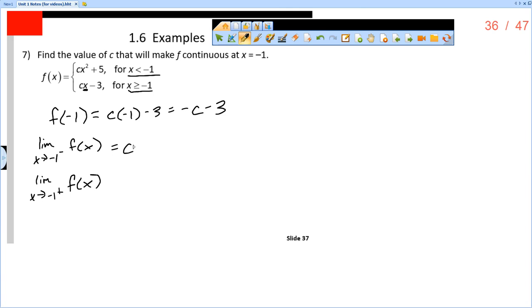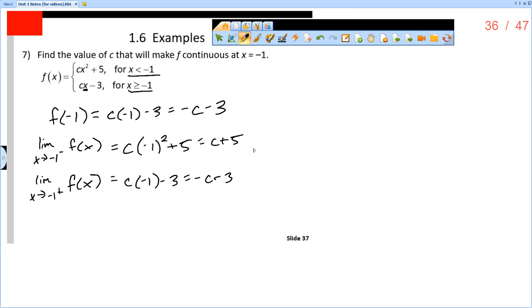So I'm going to plug in -1 for x. So c times -1 squared plus 5. And -1 squared is 1. So this is just c plus 5. And then the limit as x approaches -1 from the right is going to be plugging -1 into the bottom piece. So c times -1 minus 3, or negative c minus 3.